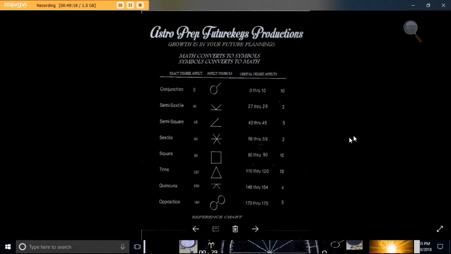If it says something like that, moon trines your Mercury, then your moon is trining. It's between 110 and 120 degrees to relate to that aspect. And then with a 10 degree orb, whether it's going into it or coming out of it, then I'll show you later the calculations that go with that.